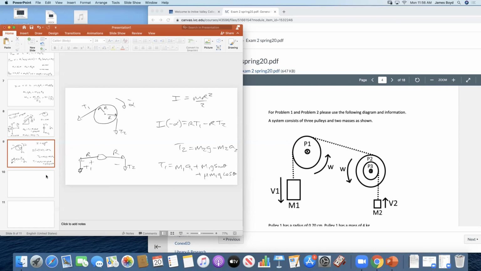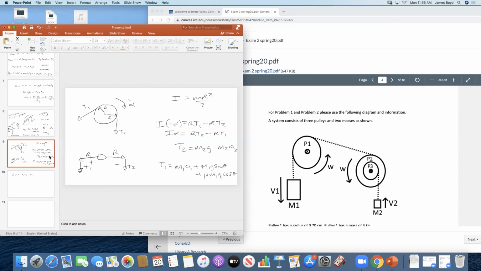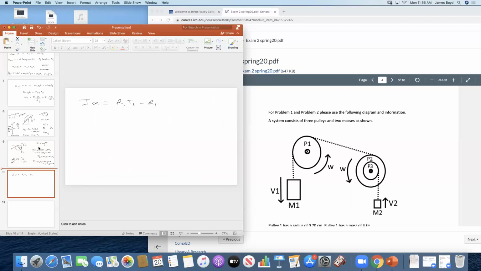If I put those in here with the negative sign, I'm going to move the negative sign through. So what I get is R T2 minus R T1, and I alpha is R T1 minus R, sorry. My brain is not always the happiest thing in the morning.